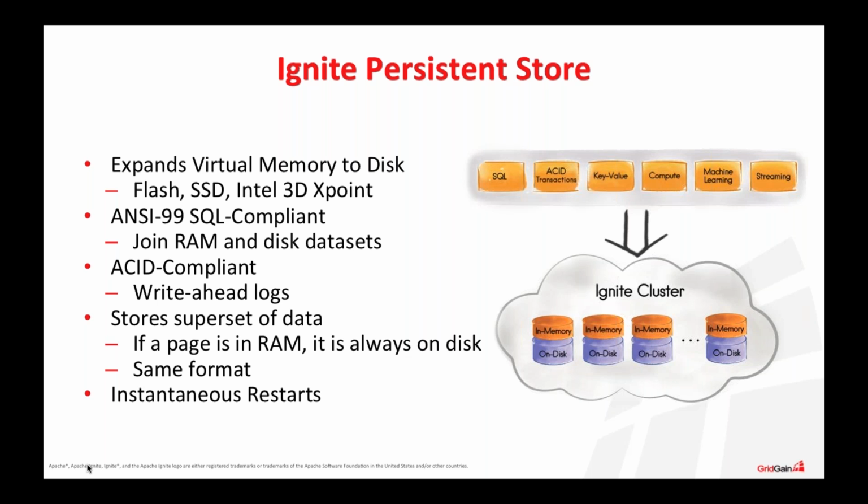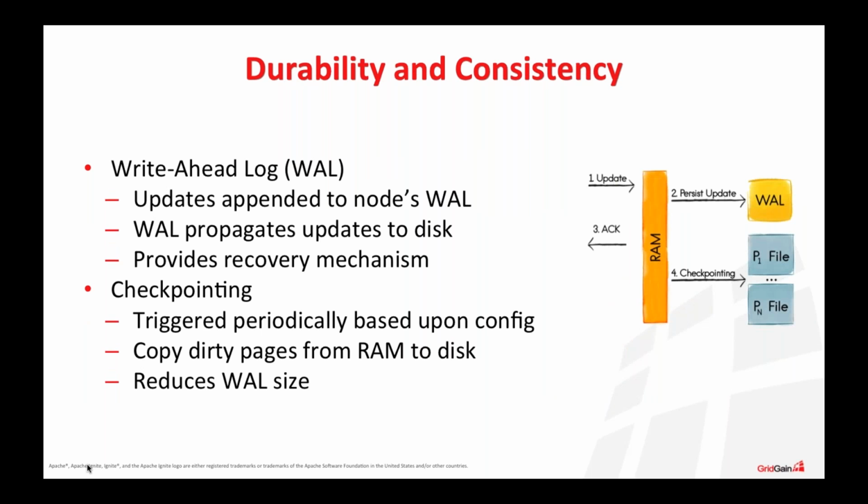Specifically, if we look at this in a bit more detail, on the right-hand side, in stage one, once a cluster node receives an update request, it will look up a data page in RAM where the value is to be inserted or updated. The page will be updated and marked as dirty. It's changed, some values have changed on there.